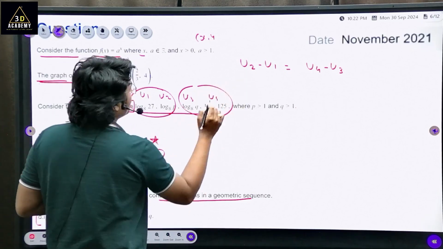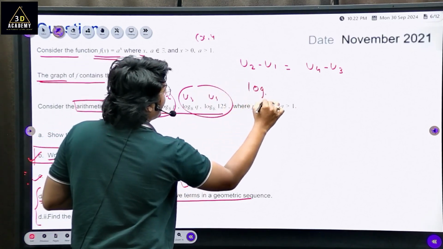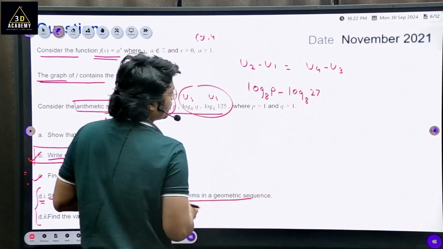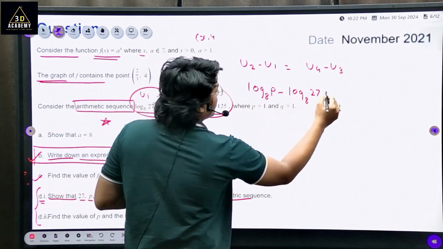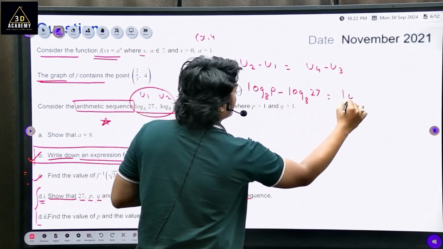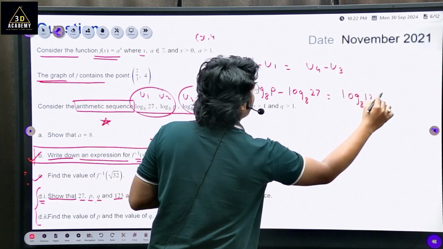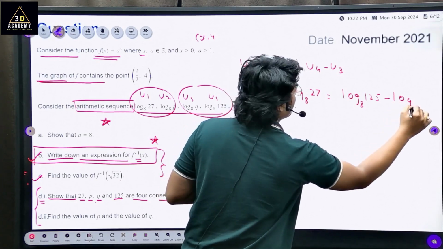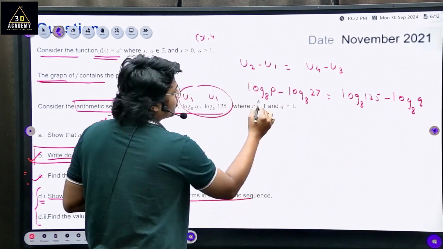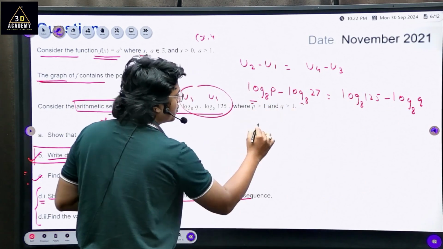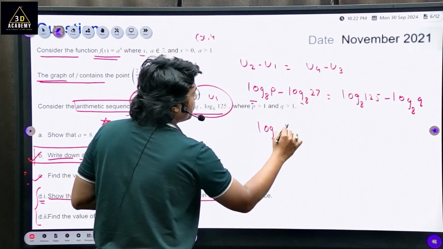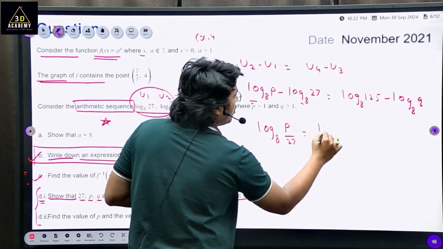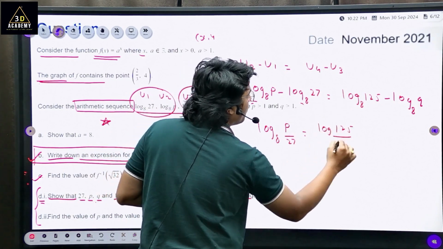When I simplify this, I get log 8 p minus log 8 27 equals, the fourth term is log 8 125 minus log 8 q. Now see, the base is the same and the coefficient is 1, so I can write it as log 8 p upon 27, and here I can write log 8 125 upon q.